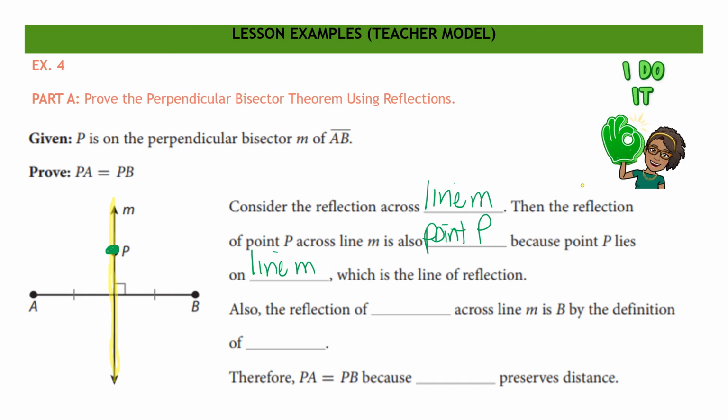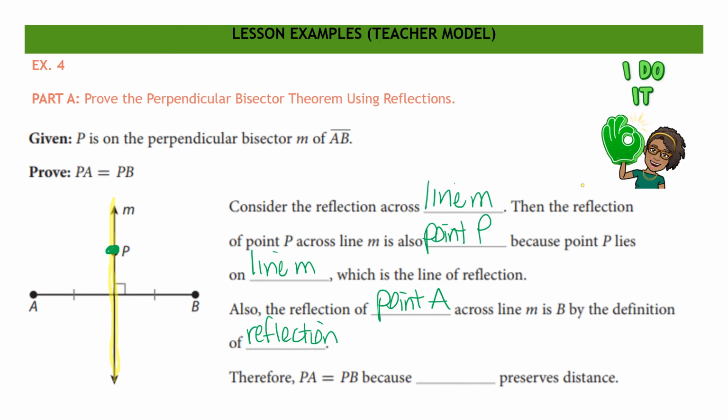And we can remember this back from topic 1 when we talked about reflections as transformations. Anytime you have a point on the line of reflection, that point remains exactly where it is. So also, the reflection of point A, so remember, point A is one of the endpoints on line segment AB, across line M is B by the definition of reflection.